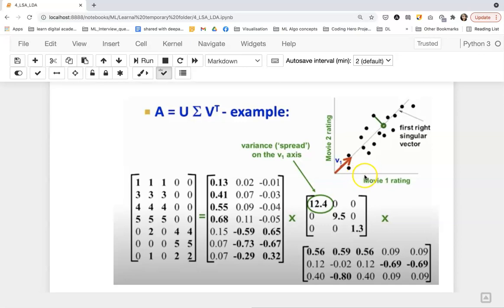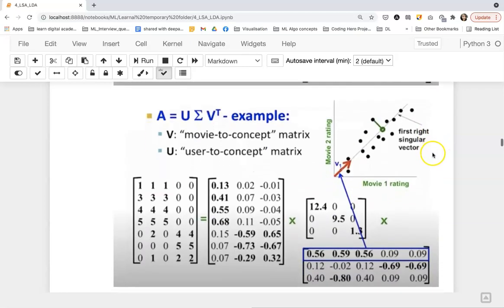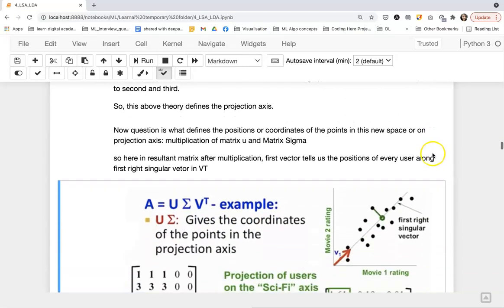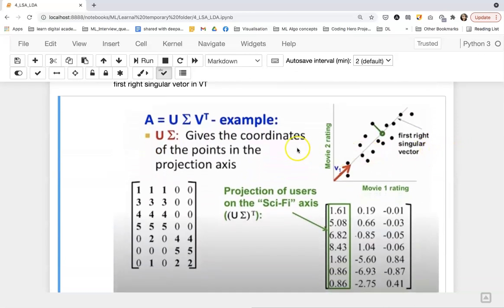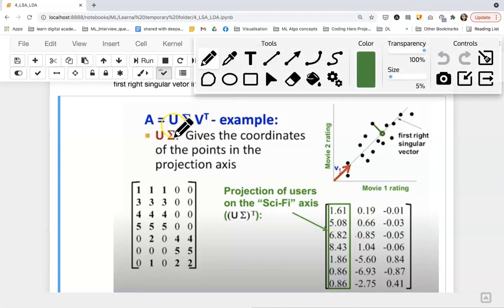Now how to get the coordinate points in this new space? What is the new space? One projection axis along which we want to find the coordinates for the user data. So how to find that? For that we will simply multiply the U and sigma matrices. Sigma will contain the strength for each concept, and U will contain the user to concept vectors, or we can say user to concept data inside it.